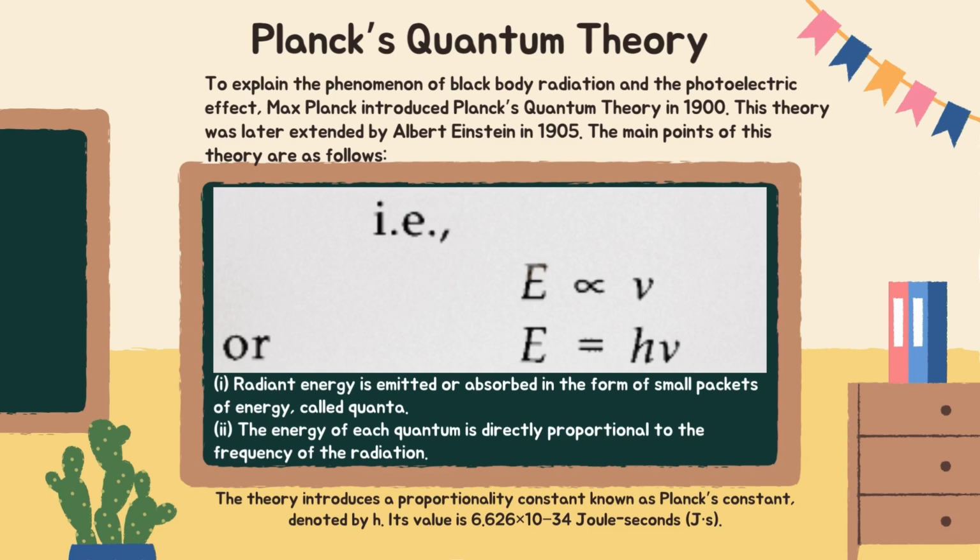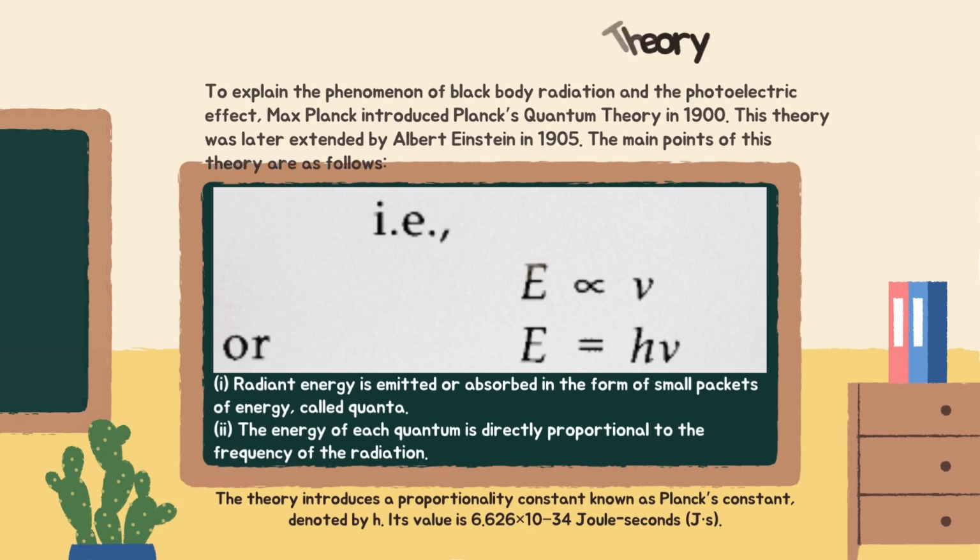Radiant energy is emitted or absorbed in the form of small packets of energy called quanta. The energy of each quantum is directly proportional to the frequency of the radiation. The theory introduces a proportionality constant known as Planck's constant, denoted by h. Its value is 6.626 times 10 to the negative 34 joule seconds.